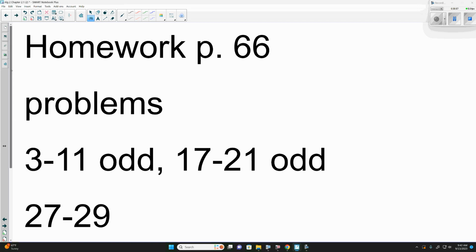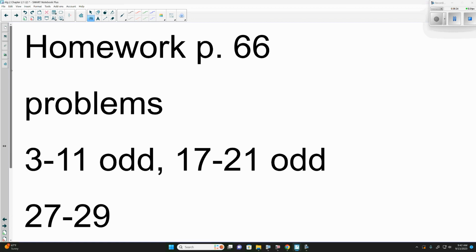And that is it. Now again, with any of the assignments that we have here, you are not graphing. I'm not asking you to graph any of these here. So 3 through 11 odd, describe the transformation.